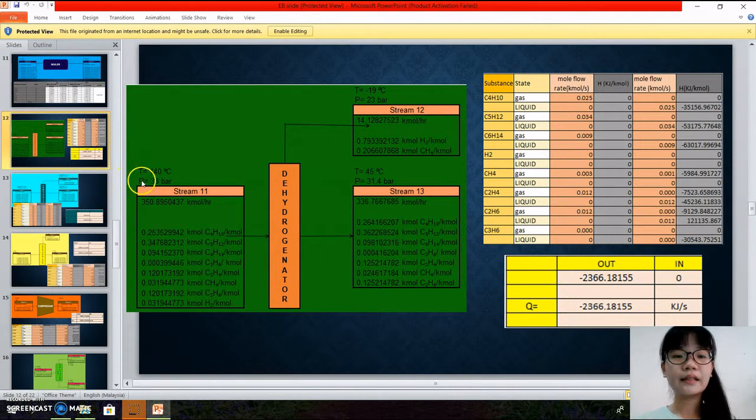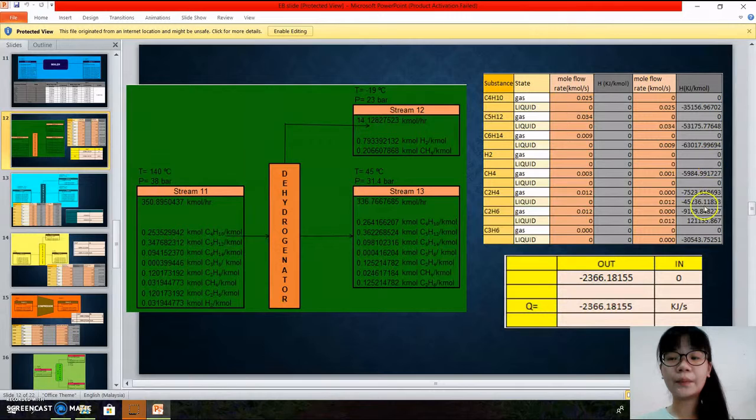Next, we move on to the hydrogenator. The inlet temperature of the hydrogenator is 140 degrees Celsius, but the overhead outlet stream is negative 19 degrees Celsius, while the bottom stream is 45 degrees Celsius. The inlet pressure is 38 bar, while the overhead stream is 23 bar, and the bottom stream is 31.4 bar.